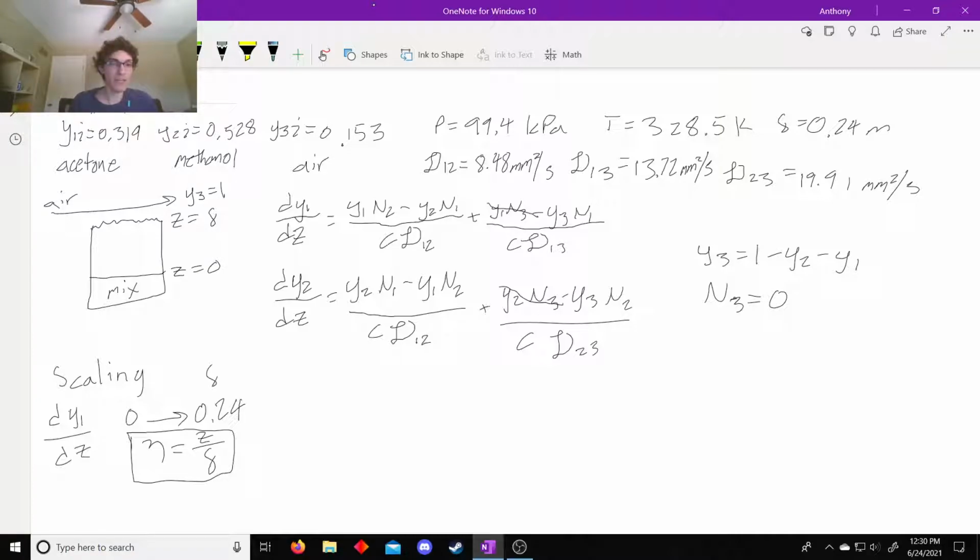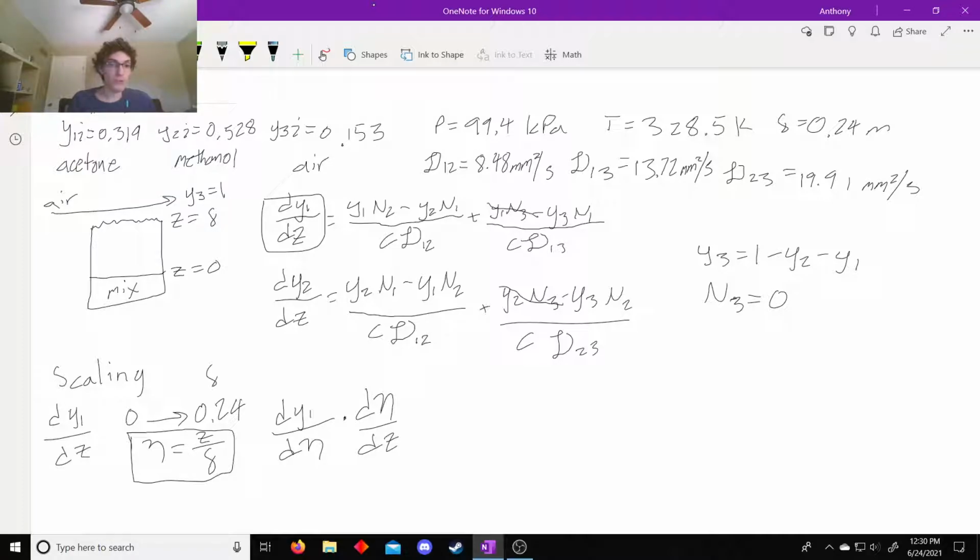So we're going to rewrite the left-hand side of the Stefan-Maxwell equation with eta instead of z. I'm going to use the top one up here. And we have dy1 over d eta times, and this is from the chain rule, d eta over dz. Again, this is equal to this up here.